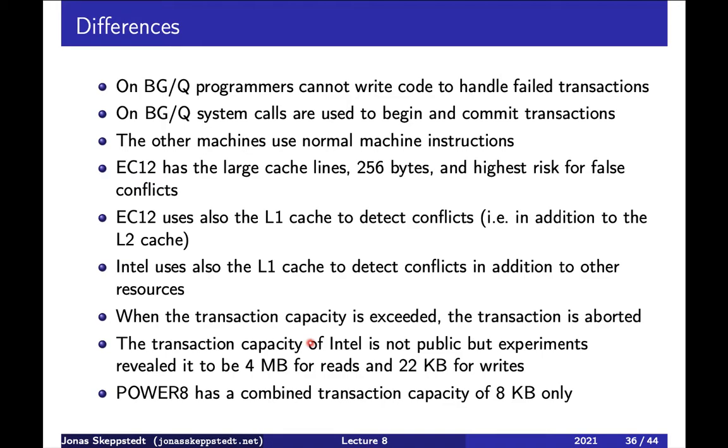It's not public for the Intel machine, but the IBM researchers made some experiments and figured out that it must be 4 megabytes for reads and 22 kilobytes for writes. The Power 8 has only 8 kilobytes in total for reads and writes.